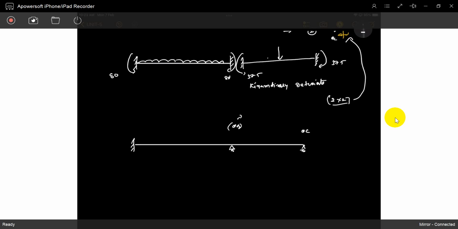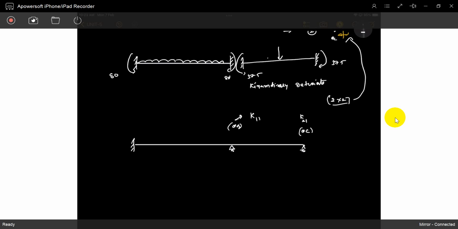See. Apply a unit rotation here, theta B. Arrest everything else. Everything else is only theta C. Only 2 degrees of freedom is there. Give a unit rotation here and find out the force developed at that location. Here also, what is the force developed.